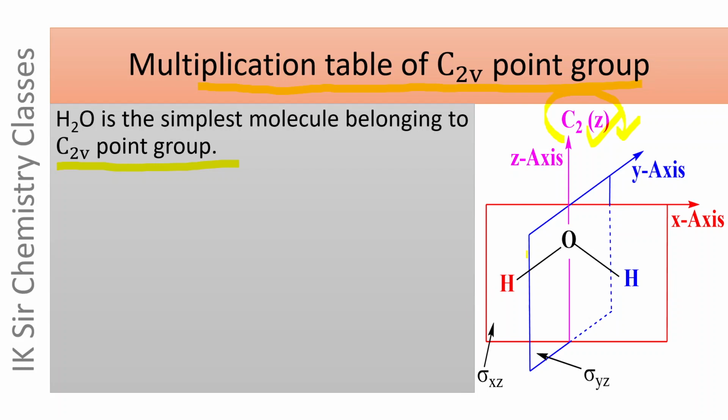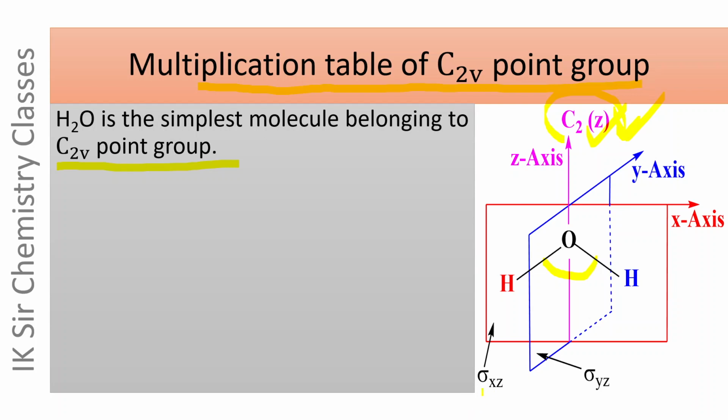H2O molecule has the identity element of symmetry, a twofold axis of symmetry, and two vertical planes of symmetry. Sigma yz bisects the angle between the two OH bonds.